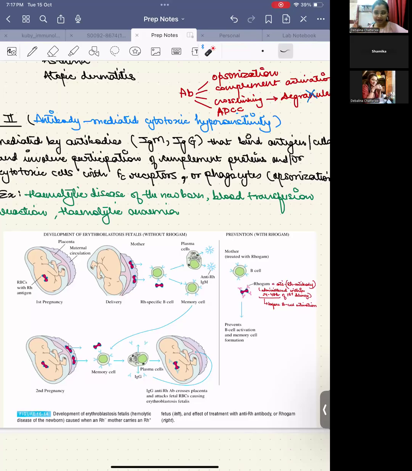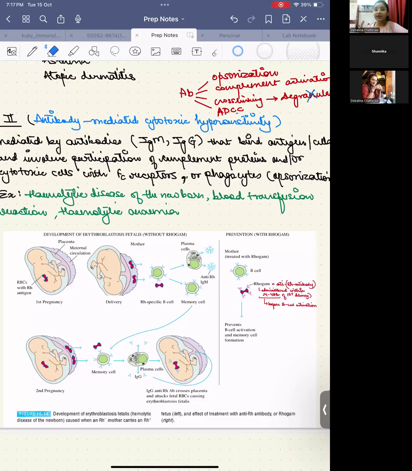Because the placental barrier is not allowing the flow of blood between the two individuals, and because of that, the fetus's cells with the Rh positive antigen will never reach the maternal circulation. If no antigen reaches the circulation, we will not have any immune cells getting primed against this antigen, right?